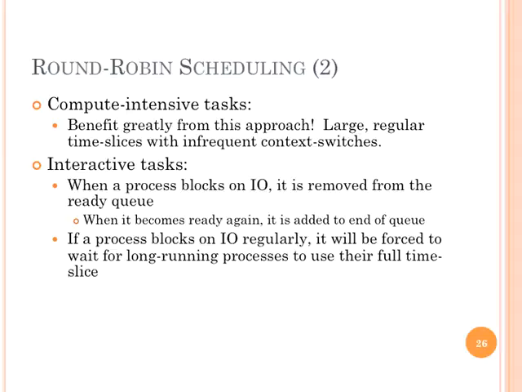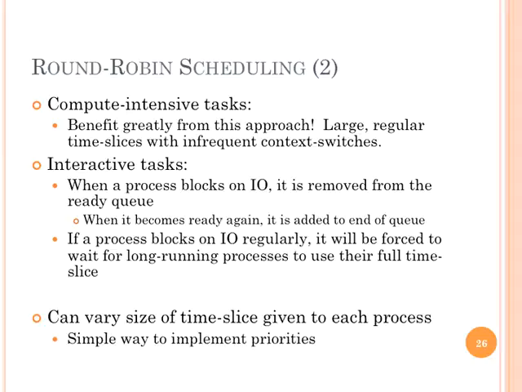So the interactive processes are not able to preempt other processes to handle their I/O quickly. So if you had this kind of scheduler on your system, you'd be like, why is it not being very responsive? Okay? It would not be responsive at all because round-robin scheduling is very simplistic. Okay?